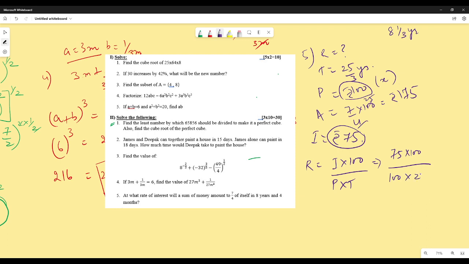You write the 25 over here because this is a complex fraction, so this becomes 25 by 3. This 3 moves to the numerator. When you calculate it, you get the interest rate as 9%. So this should be your answer for this question.